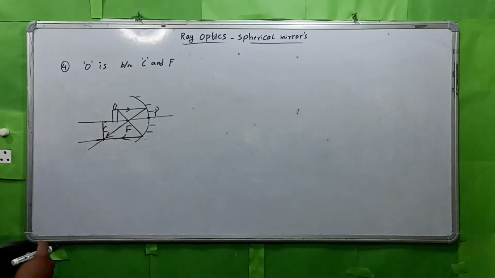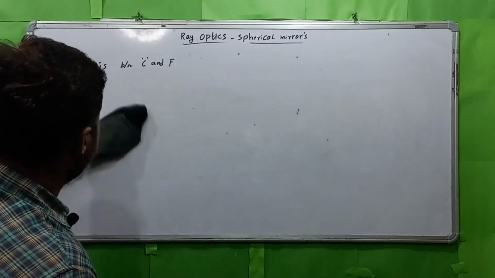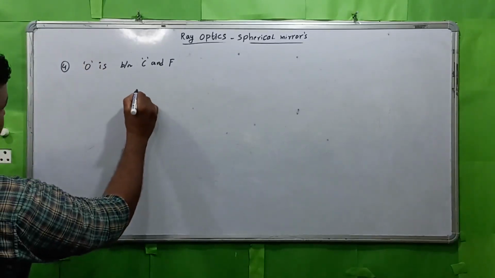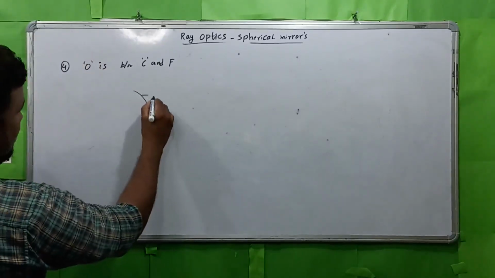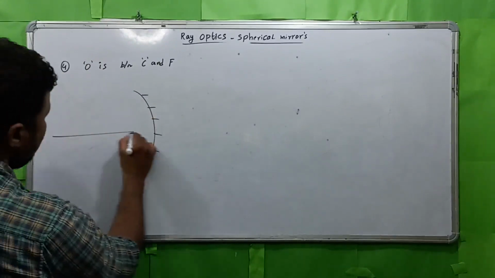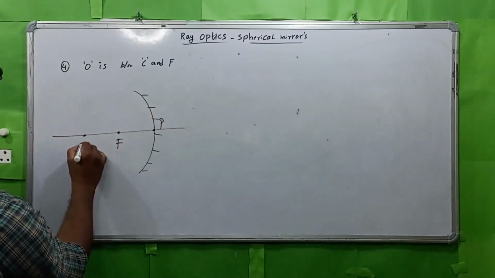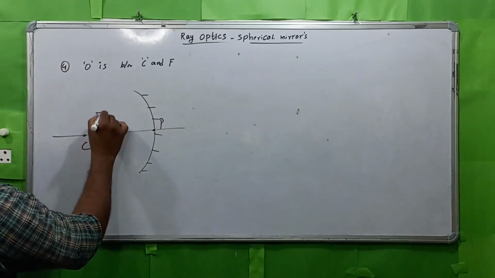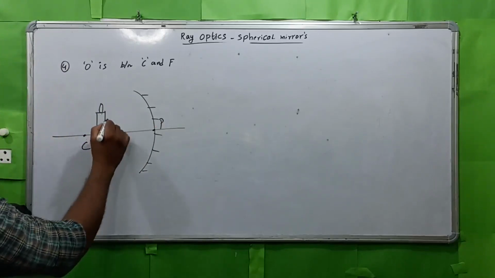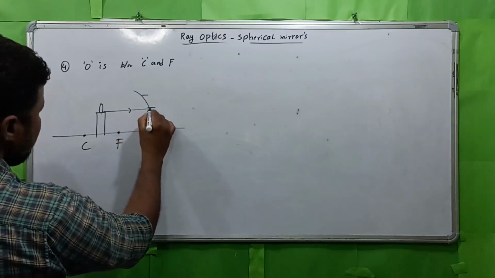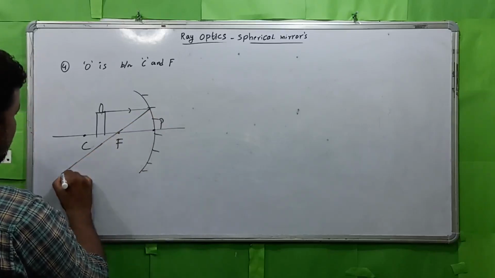Yes. Just wait. Pole, focus, center of curvature. Object is between C and F. First ray, incident ray, moves through focus.